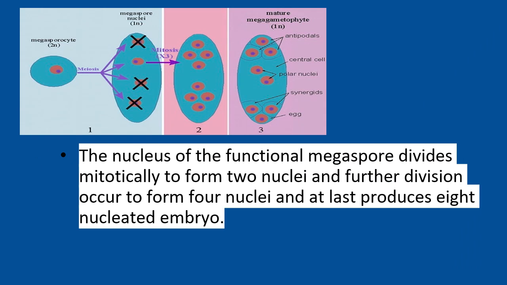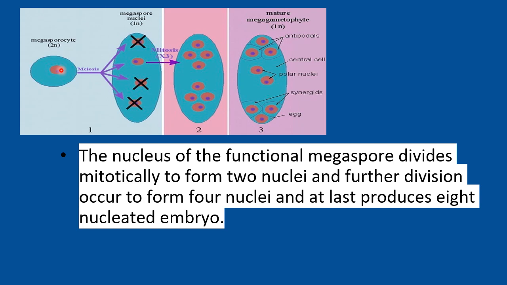Now the nucleus divides mitotically. Mitosis is also known as growth division. So one nucleus divides and forms two nuclei. The two nuclei further divide to form 4 nuclei, and at last produce 8 nuclei.